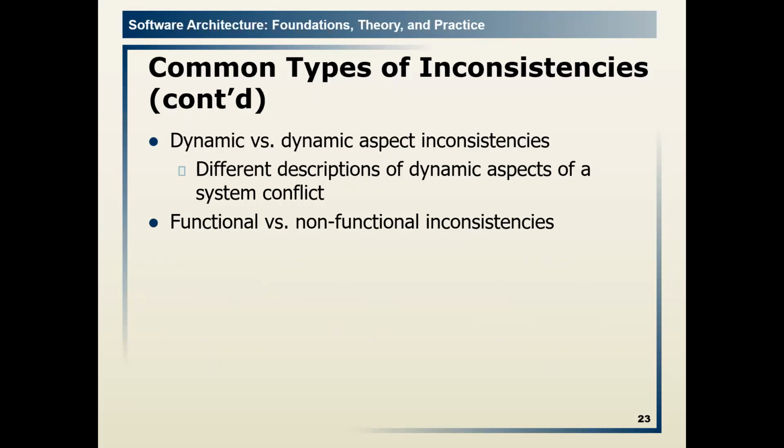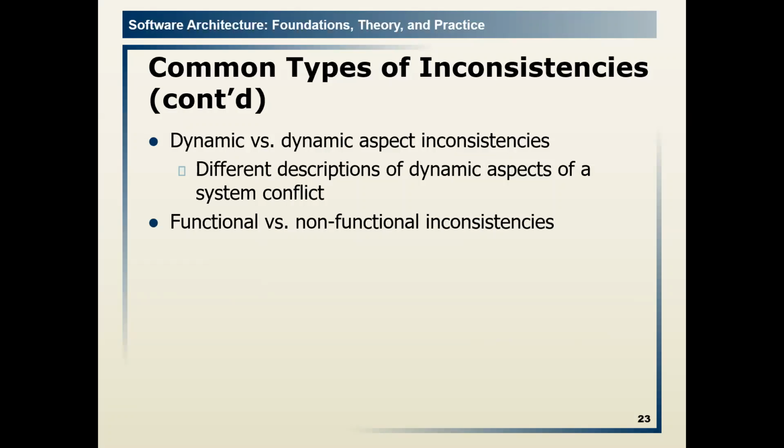Then there are dynamic versus dynamic aspect inconsistencies. As we mentioned earlier, when we say dynamic here, it's about the always changing values or aspects of the system, right? So there are different descriptions of dynamic aspects of a system that conflict.